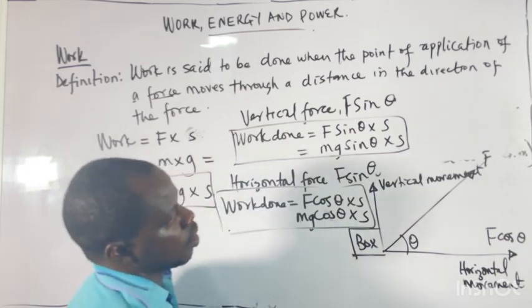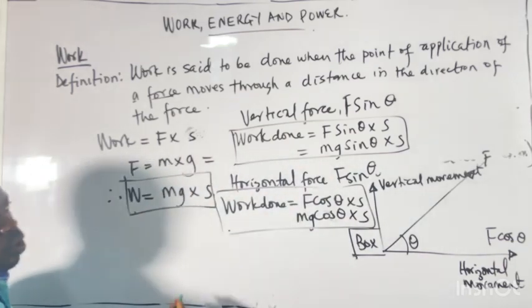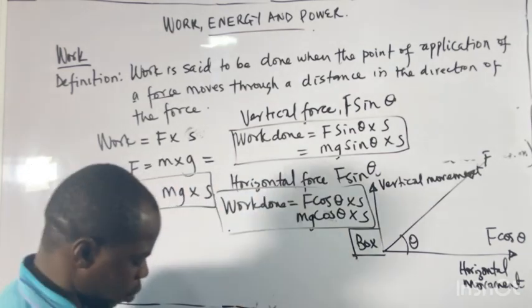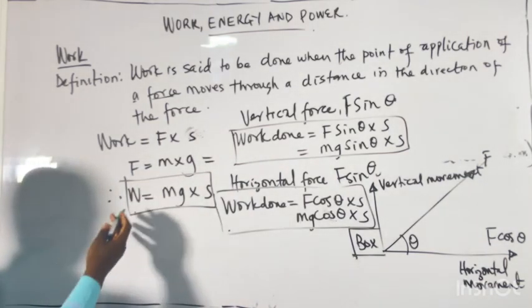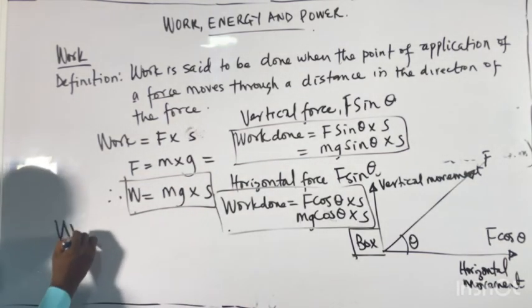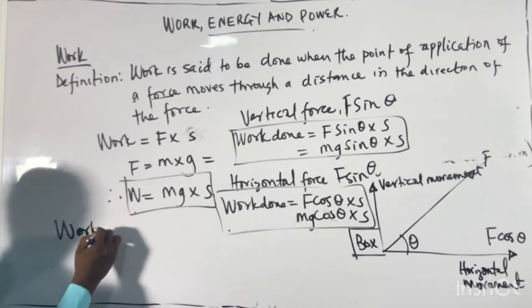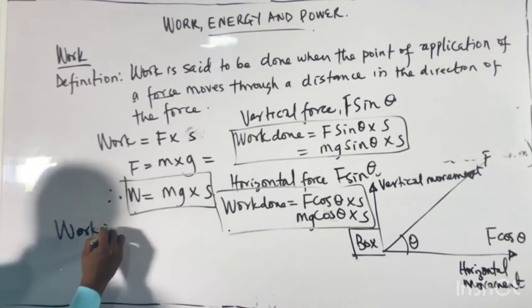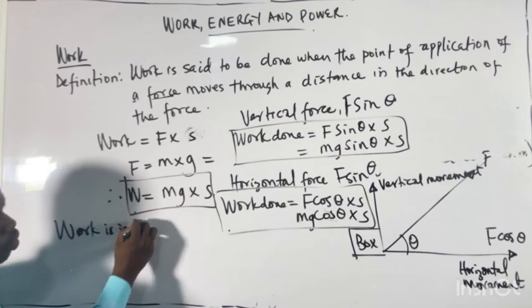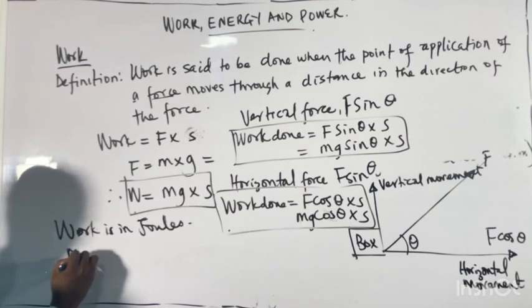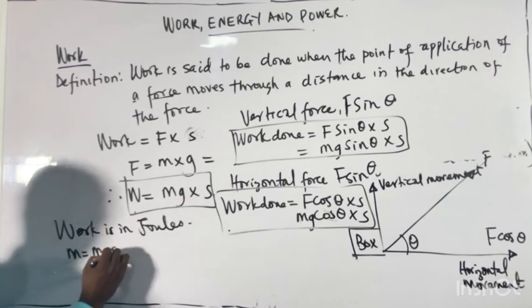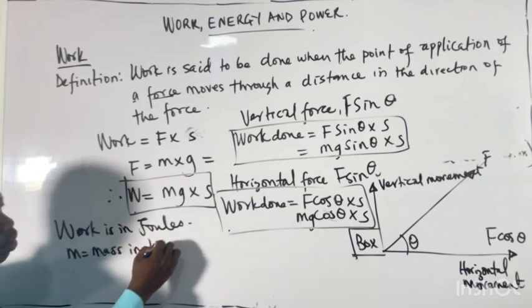As you can see, this explains what we need to understand as far as work is actually concerned. And the parameters that we have here, we know that work, we have mentioned it, is measured in joules. We have M, which is equal to mass in kilogram.